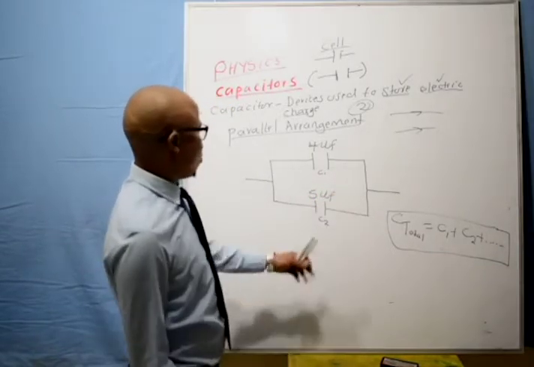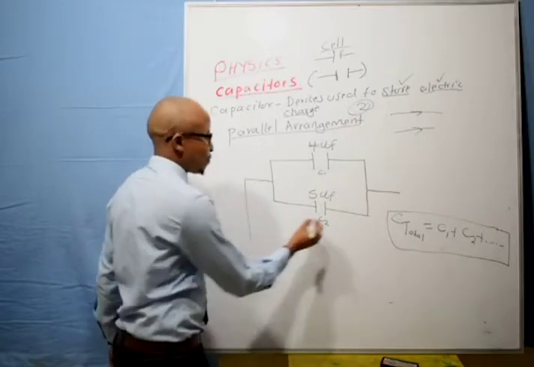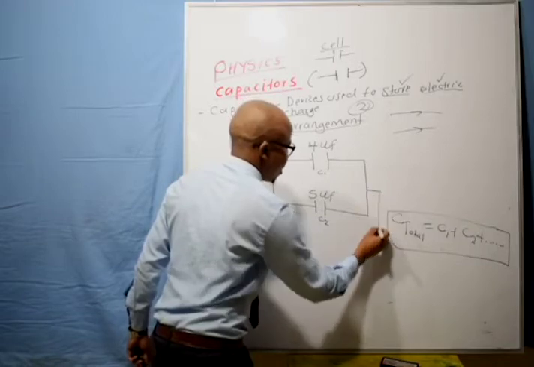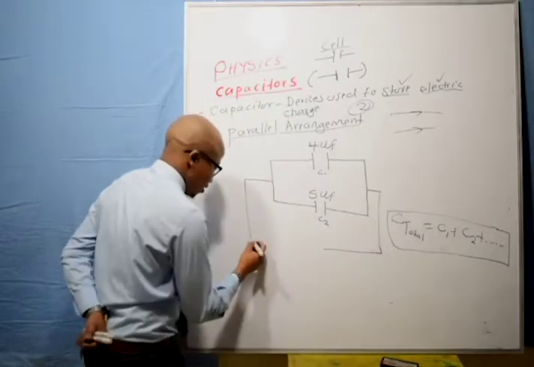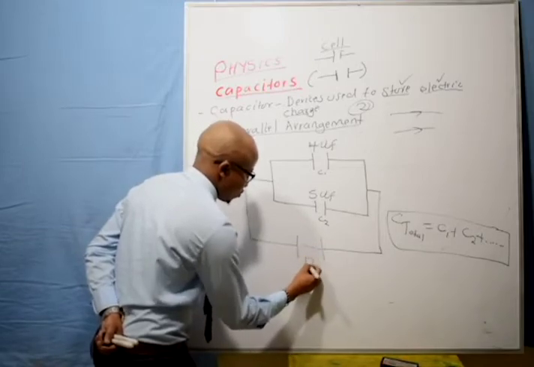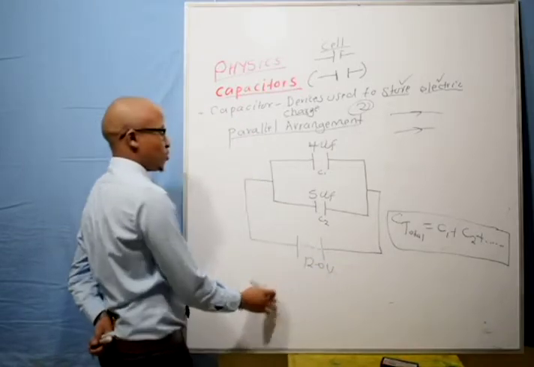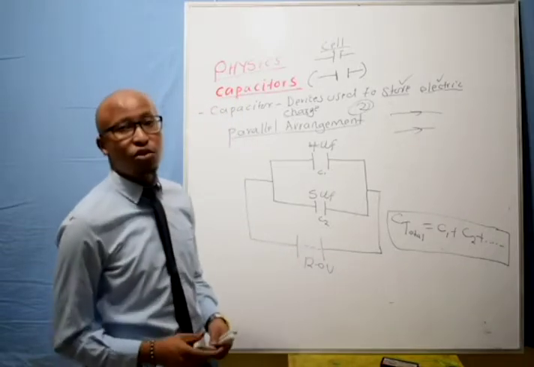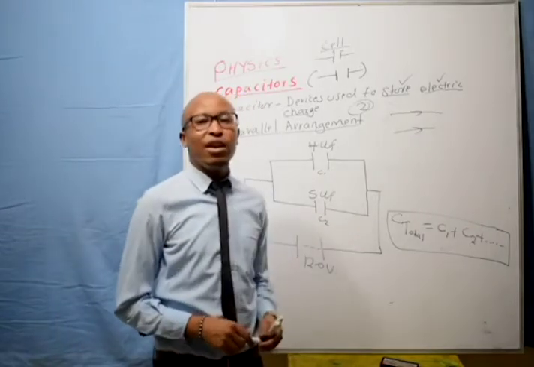And then you're being asked, can you calculate the total of the effective capacitors? You have been told it was connected to a 12 volts battery, and then can you find the total of the effective capacitors?